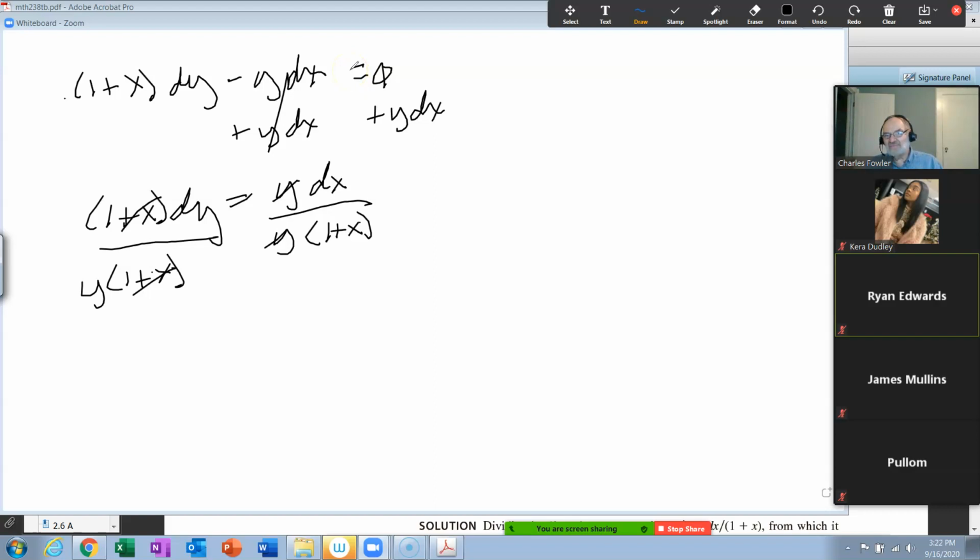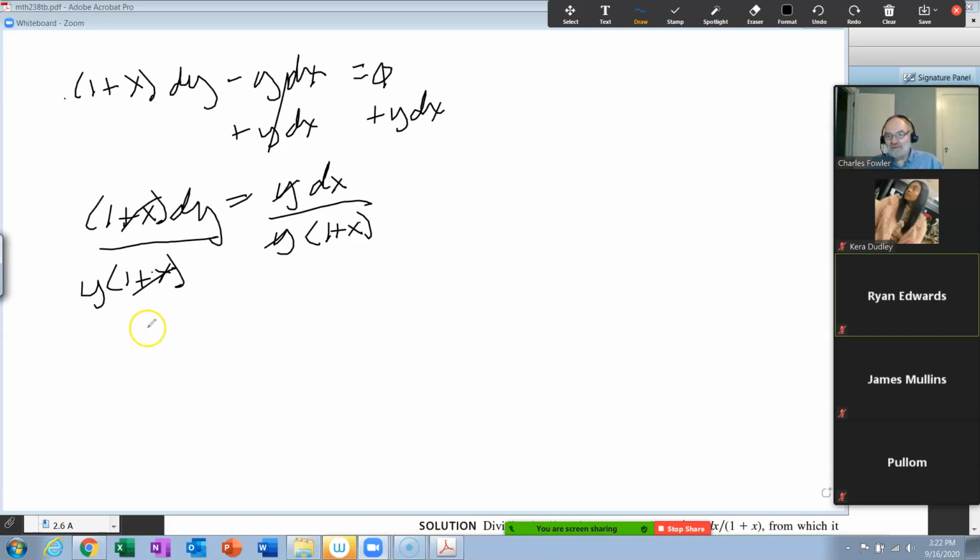Well, that's not very much of a differential equation, okay? Or if y was equal to 0, this side is 0. So then you'd have (1 + x) dy is equal to 0. Well, that's not very interesting either. I mean, you could deal with both of those. But we're assuming that 1 plus x and y are not equal to 0. That's why we did it.